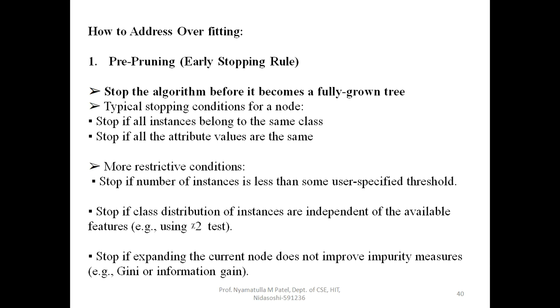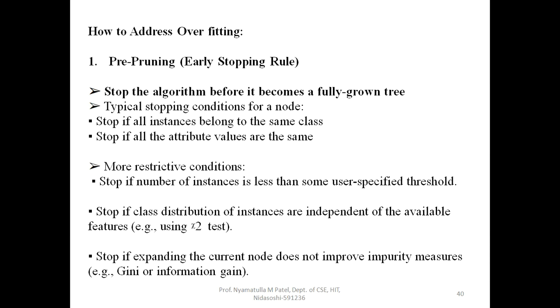Stop if the class distribution of instances is independent of the available features. Class distribution independent means class 1 is not dependent on class 2 and class 2 is not dependent on class 3. In that condition also you need to stop developing the tree. Stop if expanding the current node does not improve impurity measures, that is Gini or information gain.